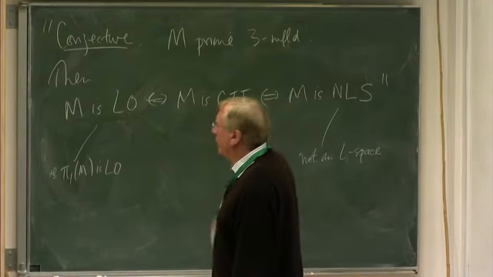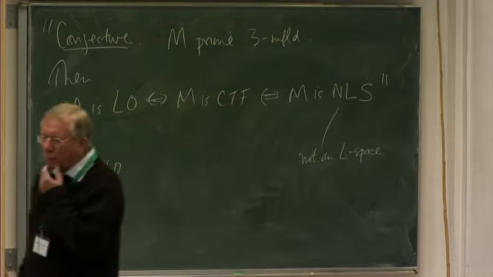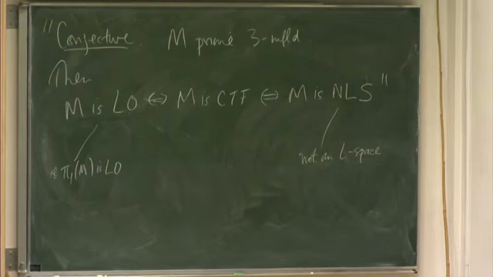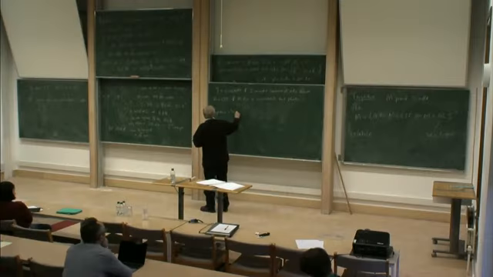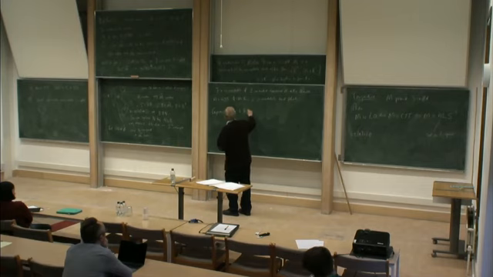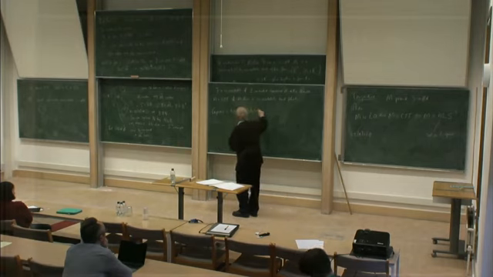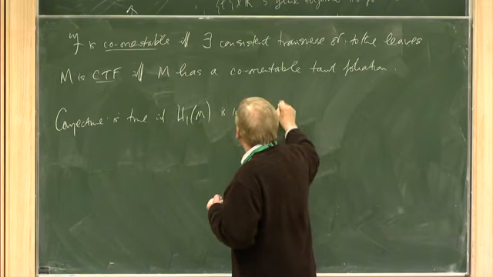We'll say more about this a bit later, but let me at this point just say that this conjecture is true if the first homology of M is infinite. Why is that?